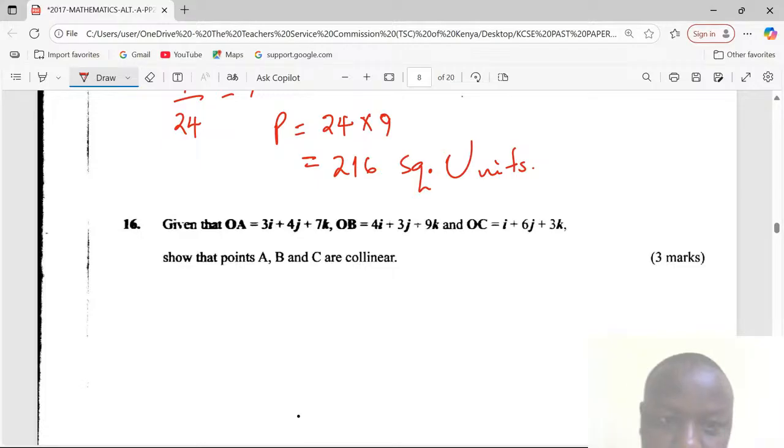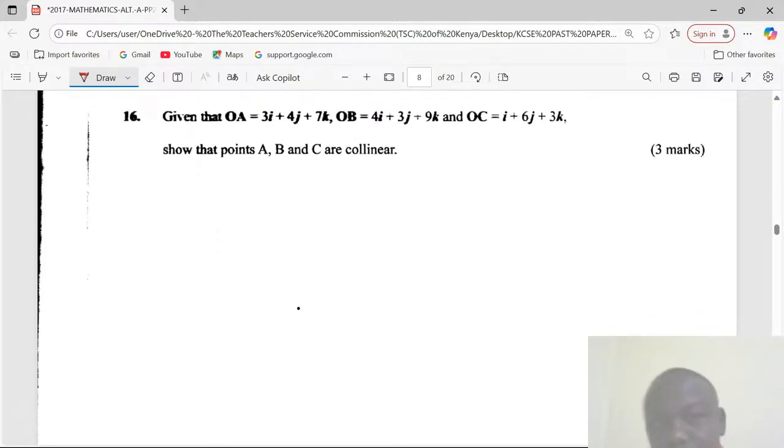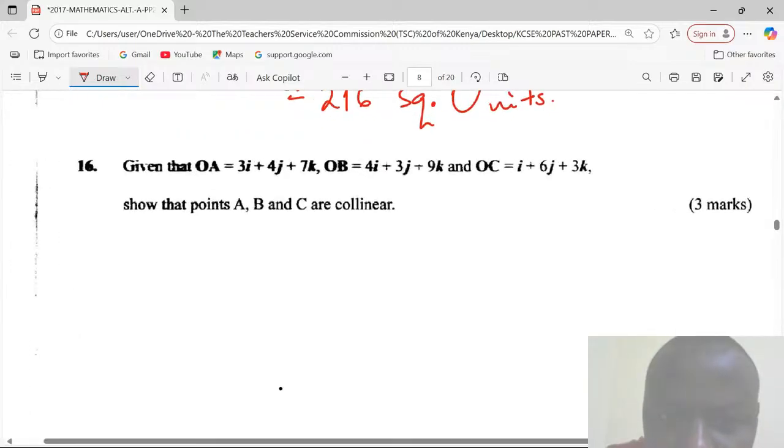A very good question. And finally, we go to number 16 here. Given that the vector OA equals 3i plus 4j plus 7k, and OB equals 4i plus 3j plus 9k. Is that a plus or minus?